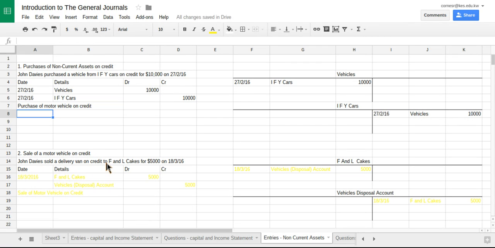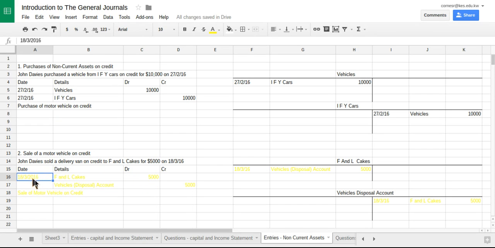Okay, the sort of opposite of that would be where we sell a non-current asset on credit. So here, a bit later in the year, they've decided to sell a delivery vehicle that they own. So John Davis is going to sell it to F&L Cakes, and he's going to sell it for $5,000.